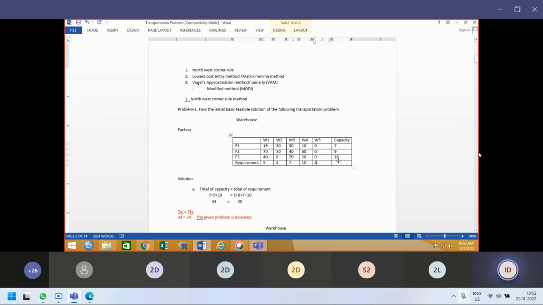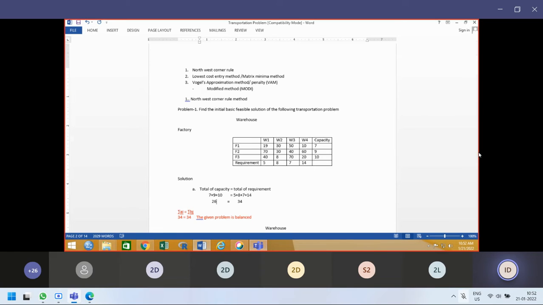Is it clear? Now suppose here it is the other total. What is the total? 26 is the total.